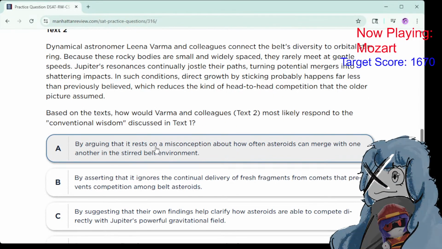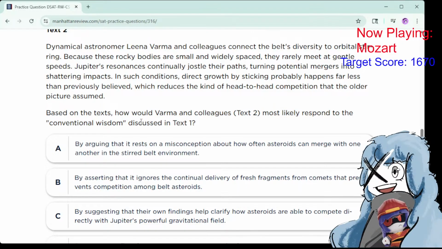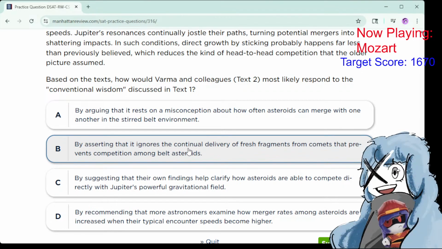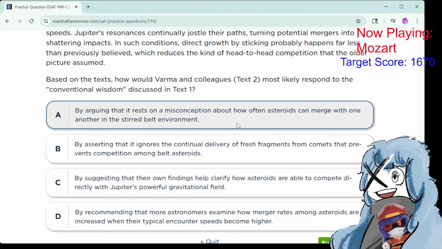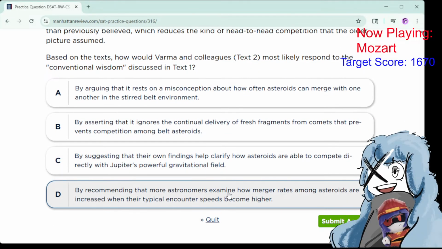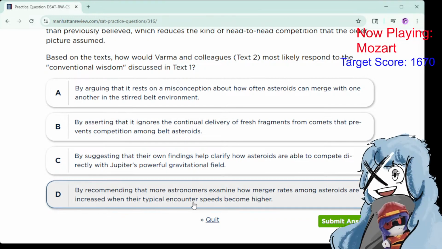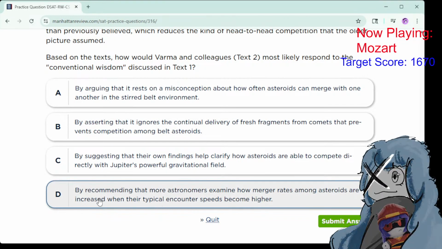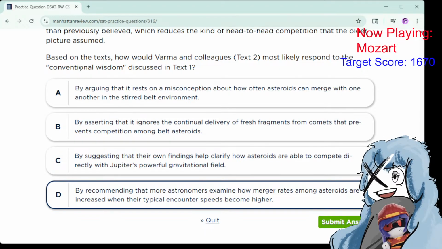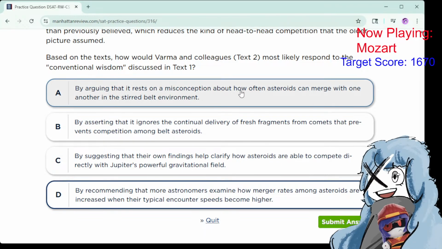Answer choices: arguing that it rests on a misconception about how often asteroids can merge with one another in the stirred belt; asserting that it ignores the continual delivery of fresh movement from comets; suggesting that their own findings clarify how asteroids are able to compete directly with Jupiter's gravitational power; recommending that more astronomers examine how merger rates among asteroids are increased when the typical encounter speeds become higher. I'm leaning towards D. Let's look at it again. Arguing that it rests on the misconception about how often asteroids can merge with one another in the stirred belt.